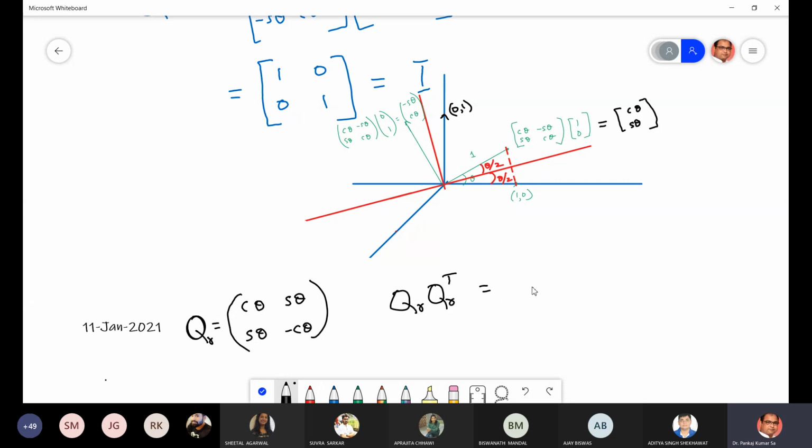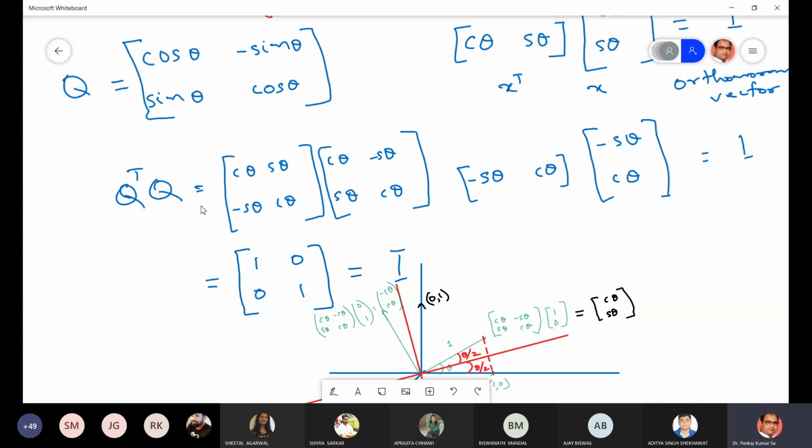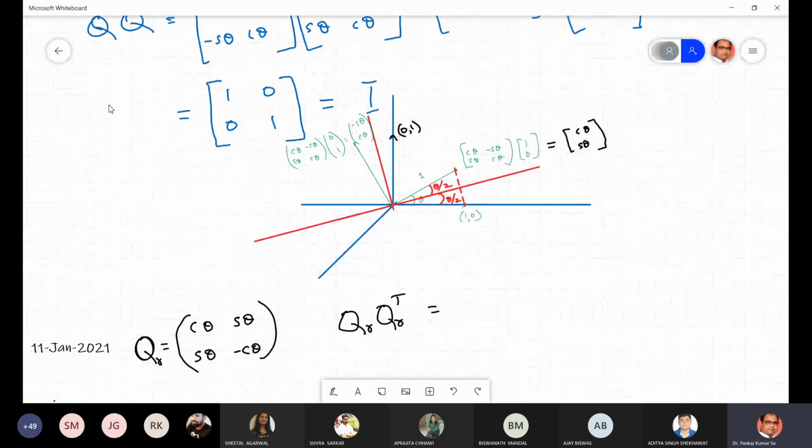The same thing. Let us try to figure out here the way we have figured out Q transpose Q equal to I. Whether you write Q transpose Q or Q Q transpose doesn't matter; we'll come to that later. For the sake of symmetry, let me write Q transpose Q.